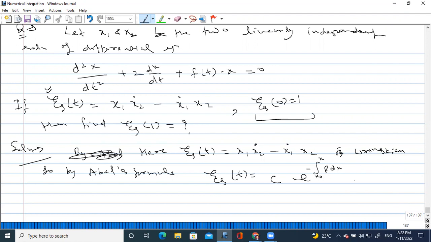Now in terms of t, the initial value is 0 and the final value is 1, and in place of x I have to use t. So it is 0 to t, p dt. Now it will be c into e to the power minus integral 0 to t of p. What is the value of p from here? 2. Understood? So that will be c into e to the power 2t.